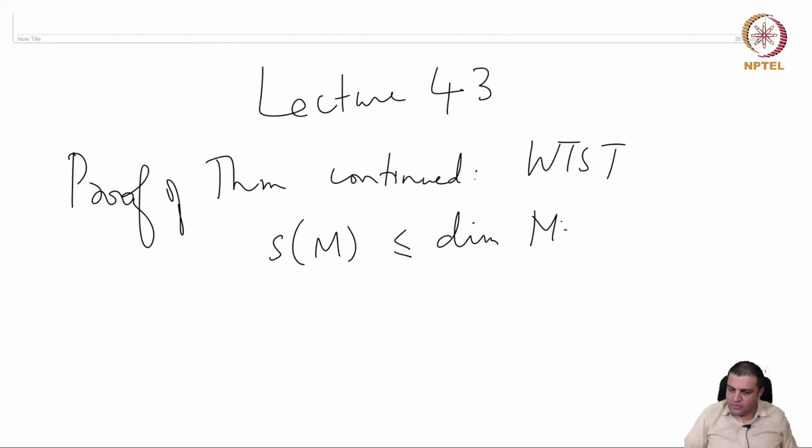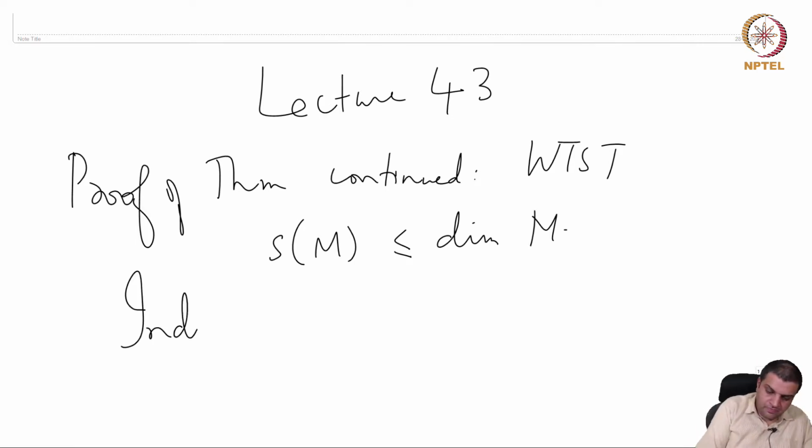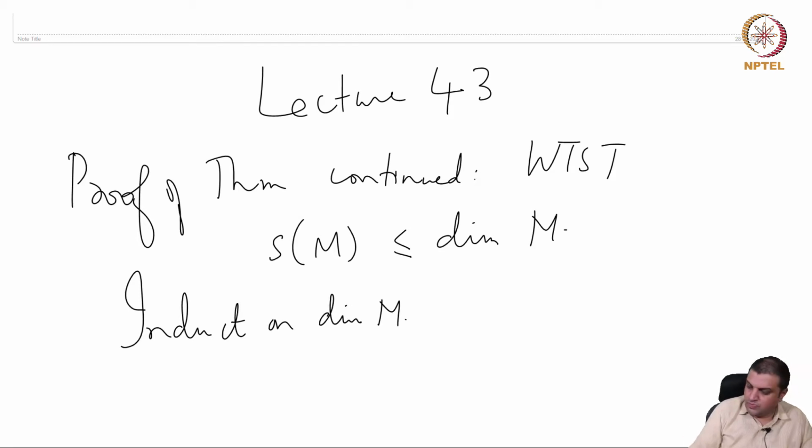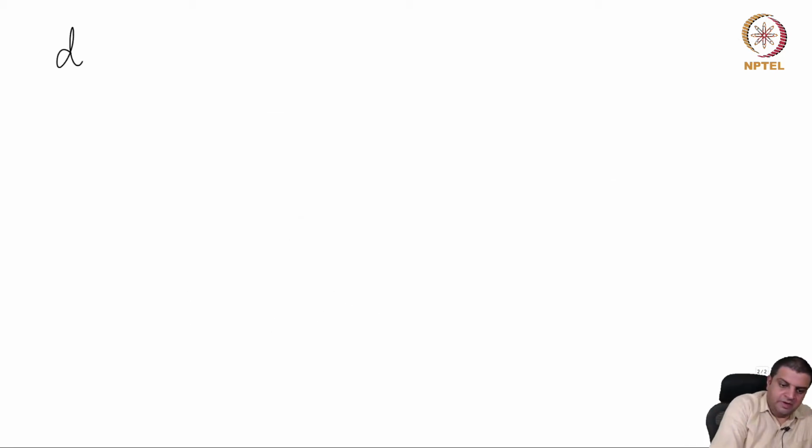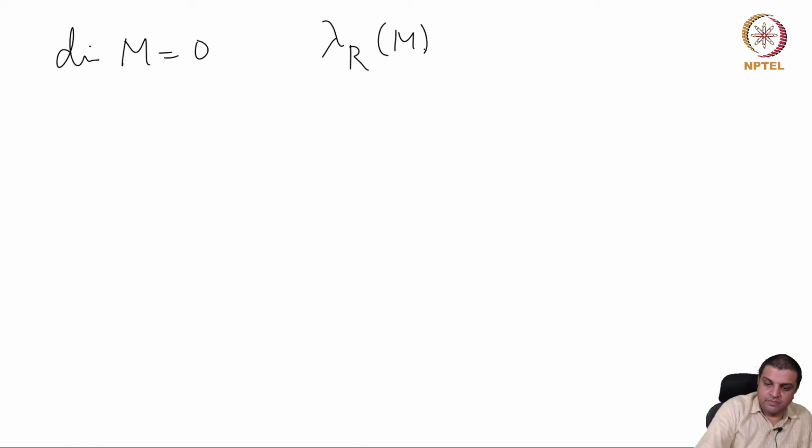Okay. So now, because we know it's a finite number, we can induct and prove the statement. So induct on dimension. If dimension of M is 0, then M has finite length. Dimension of M 0 means that the annihilator of M is m-primary, and therefore the length of this is finite.